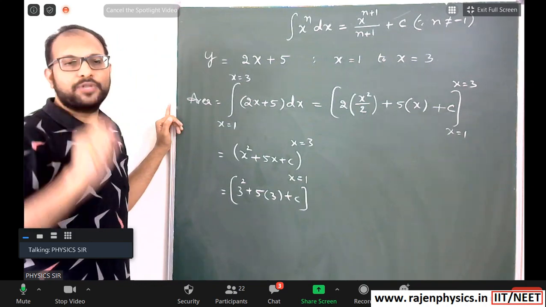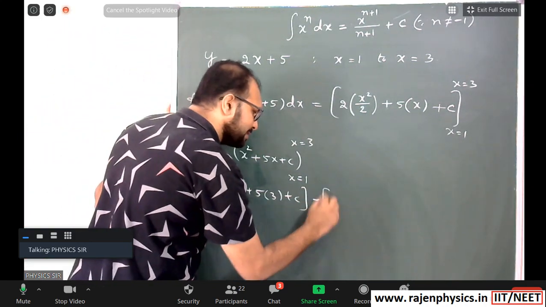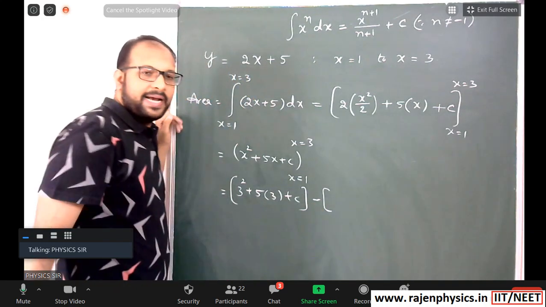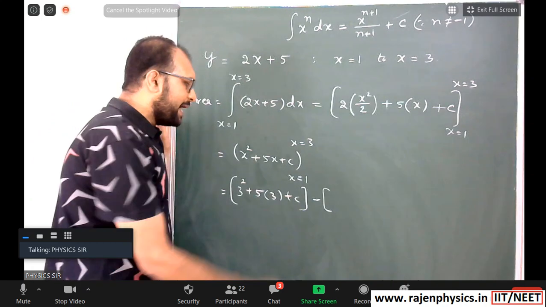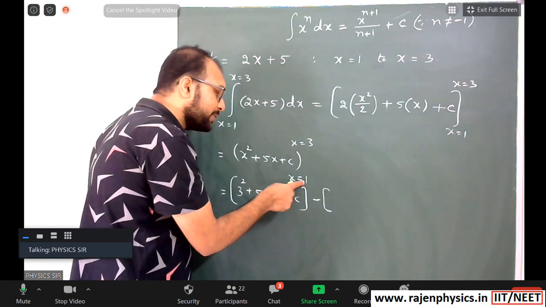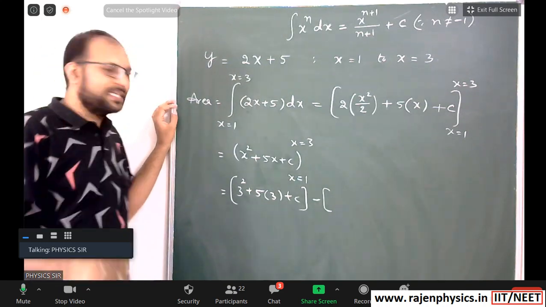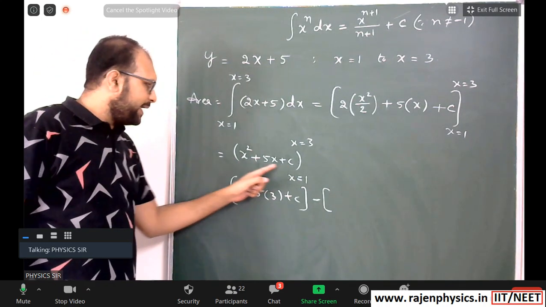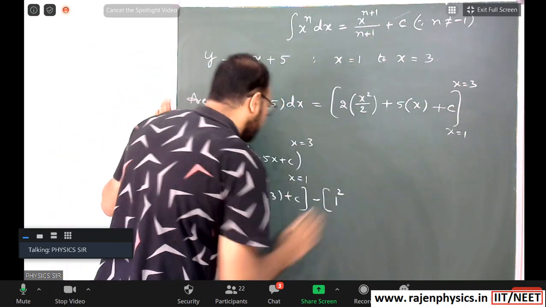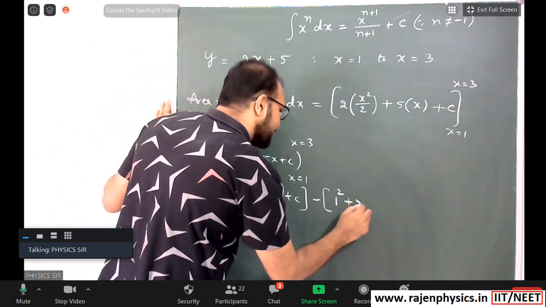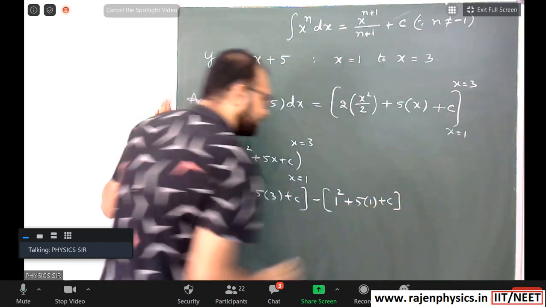Okay, upper limit over. Minus, because we need from 1 to 3, now substitute x equal to 1, the lower limit, in this complete equation. So that is 1 square plus 5 into 1 plus c.